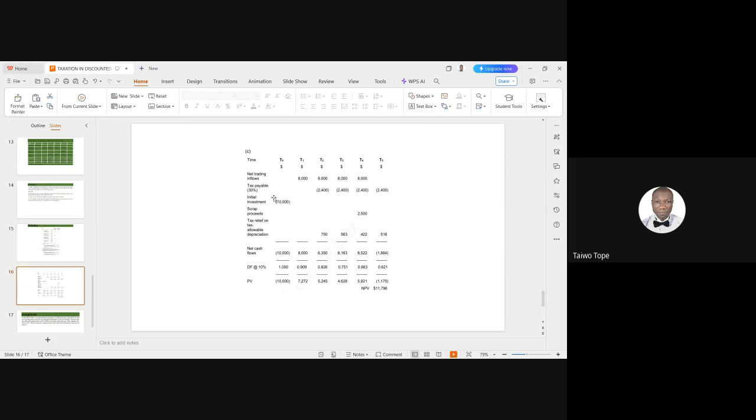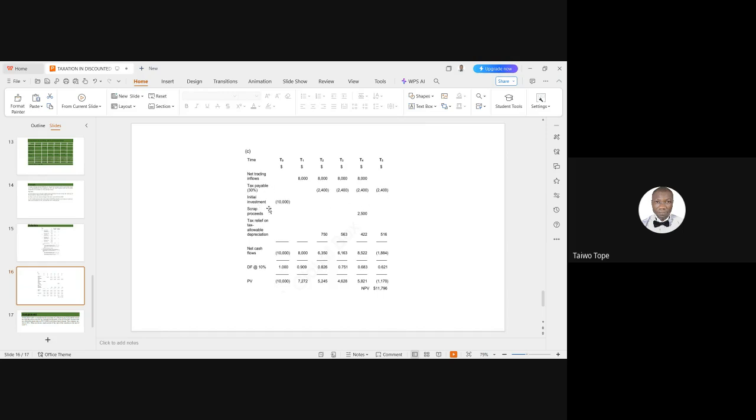And the tax payable as computed, 30% tax payable will be what? 2,400. That is 30% of 8,000 respectively. And take note, the tax of year 1 was paid in arrears, so it will be paid in year 2. That of year 2 will be paid in year 3. Of year 3 will be paid in year 4, and that of year 4 will be paid in year 5.